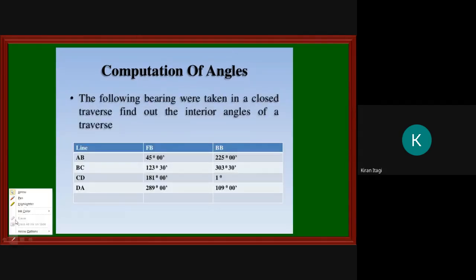So be fast. Take this question. The following bearings were taken in the closed traverse. Find out the interior angle of the traverse. Take this question. Find the answer.